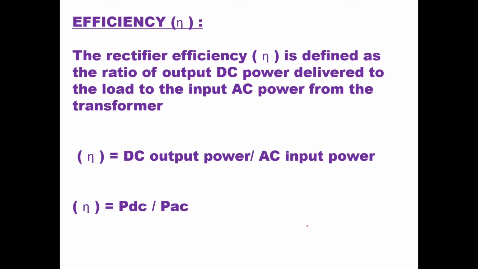What is the efficiency? How much DC power it is going to give at the output as compared to the AC input. So here the definition says that the rectifier efficiency, given as eta, is defined as the ratio of output DC power delivered to the load, to the input AC power from the transformer.